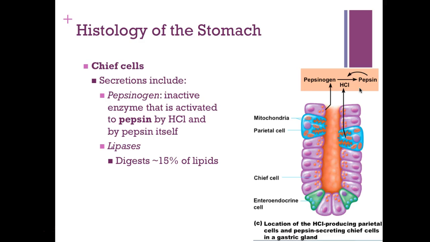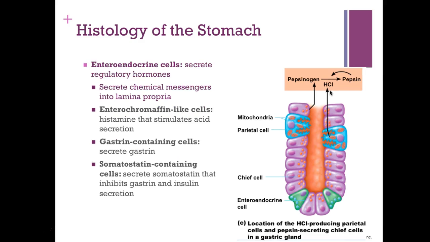And we have our chief cells, too, that are helping us out. They're going to secrete the pepsinogen to be turned into the pepsin in the presence of hydrochloric acid. And also it'll secrete lipases that will digest about 15% of lipids. Next, we have your enteroendocrine cell here in green.